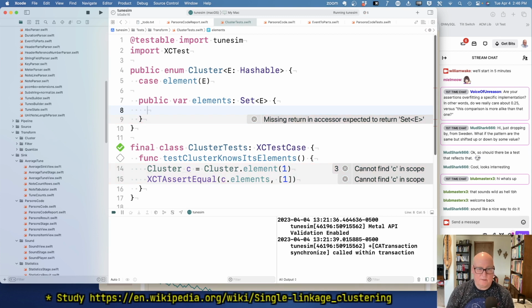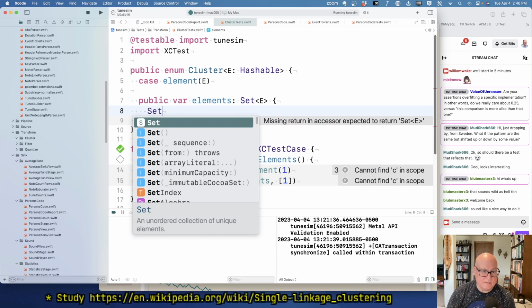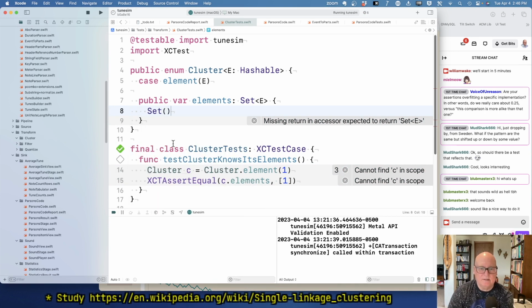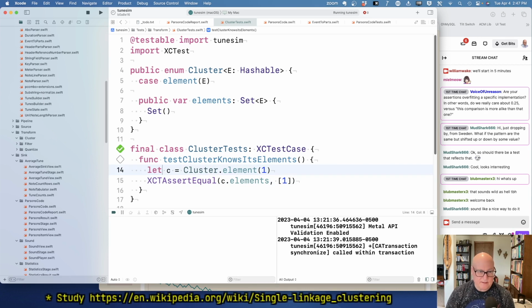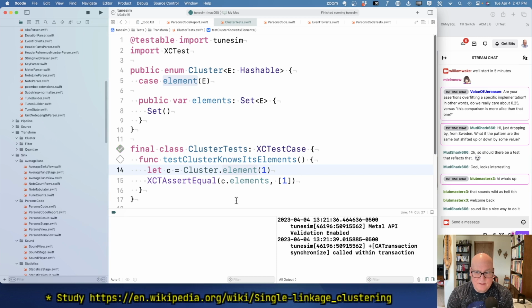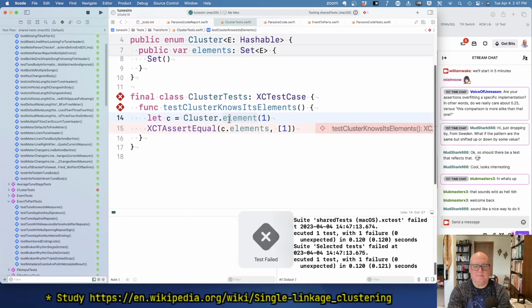Okay, and let's return. Can I do this? Just to get compiling? Oh, how about we write Swift instead of whatever that was? Okay. I guess we can use a let. Okay, the test can run. Should fail. Good. All right.